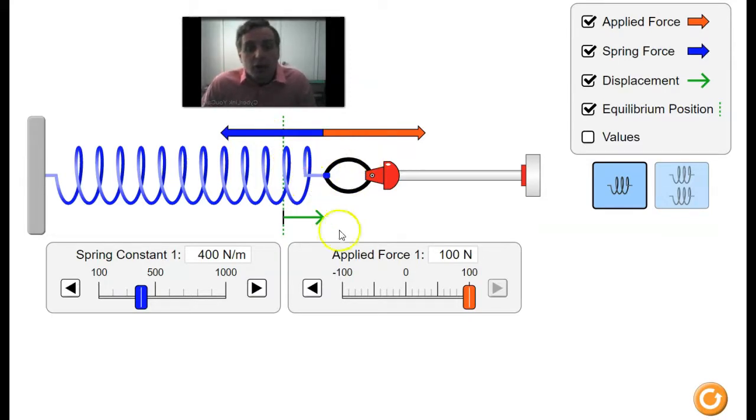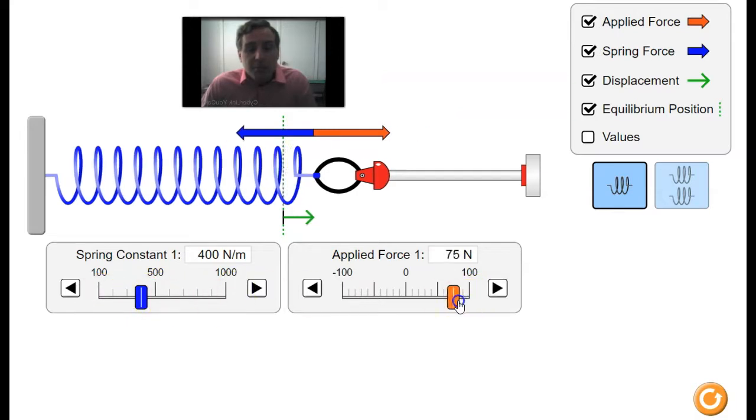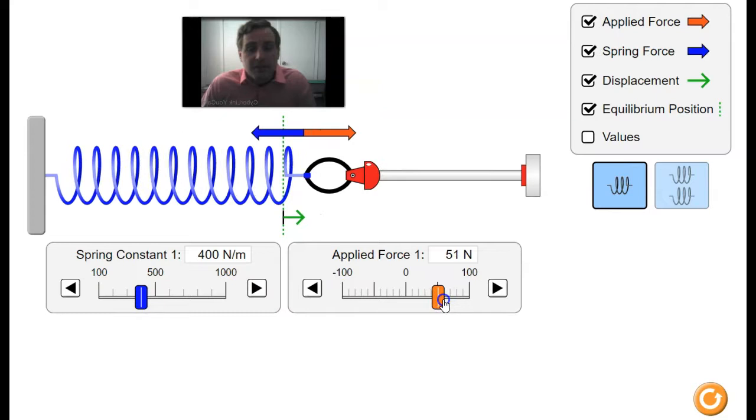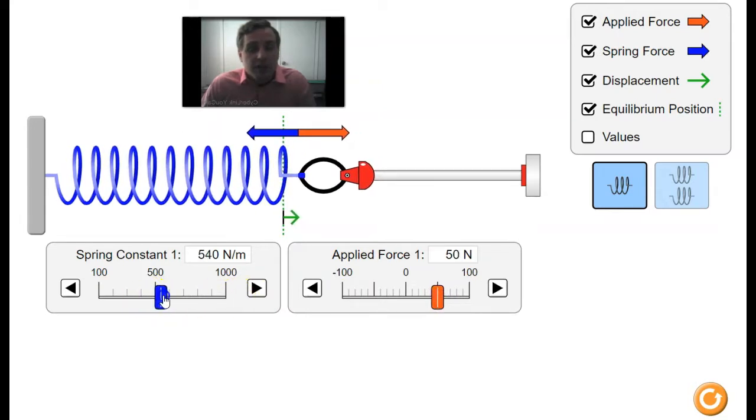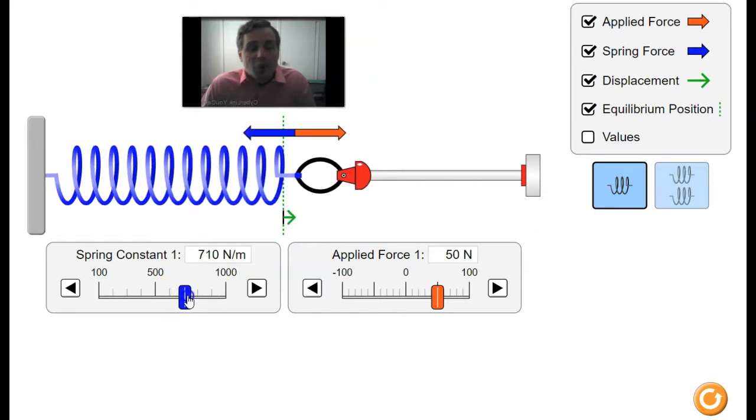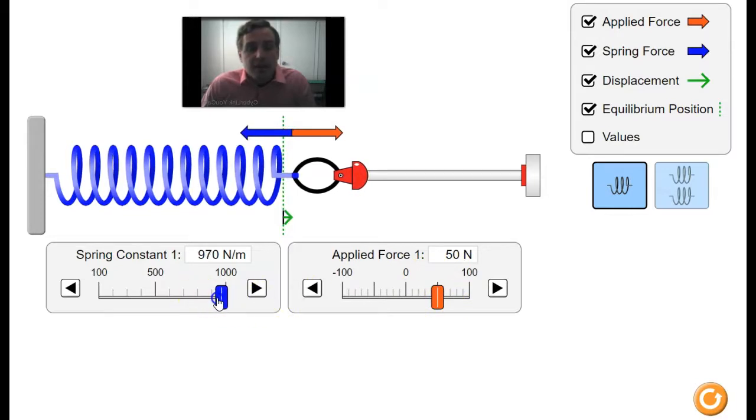Okay, so as the spring constant goes up, so let's go back to, let's say, 50 newtons here. As the spring constant goes up, notice that the displacement is going down compared to this applied force, and that's because you don't need as much displacement to have this large of a spring force.